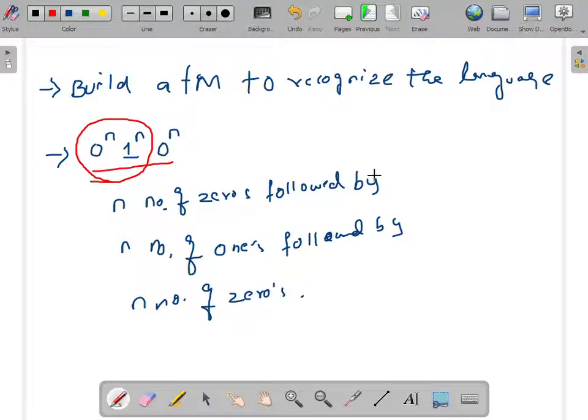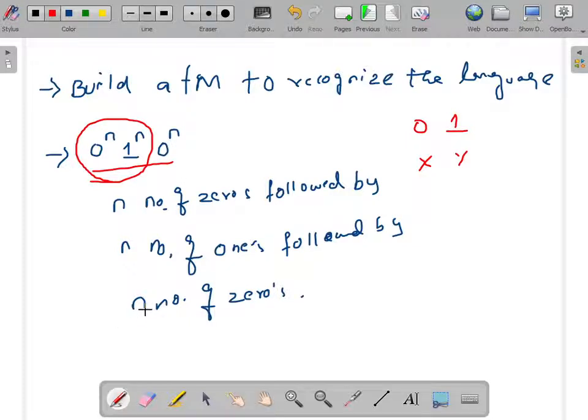Okay, so what we have done, wherever the 0 is there, we replace with x, and wherever the 1 is there, we replace with y. So already we have done in the previous examples, but now we have three parts, n number of zeros followed by n number of ones followed by n number of zeros.